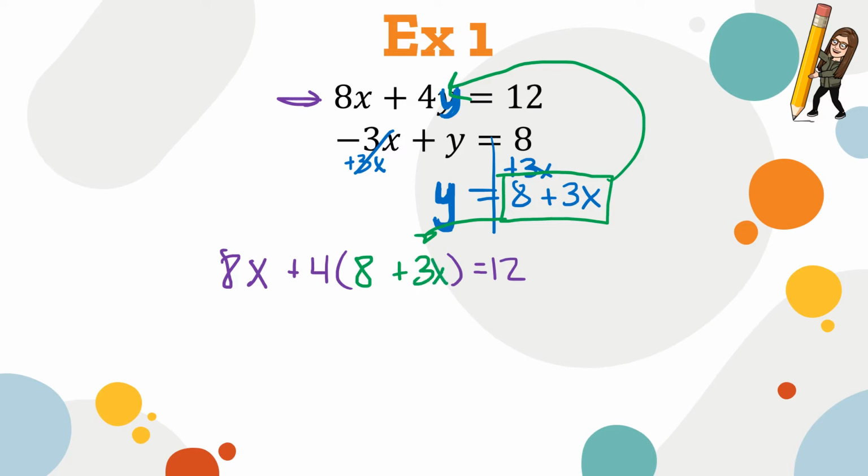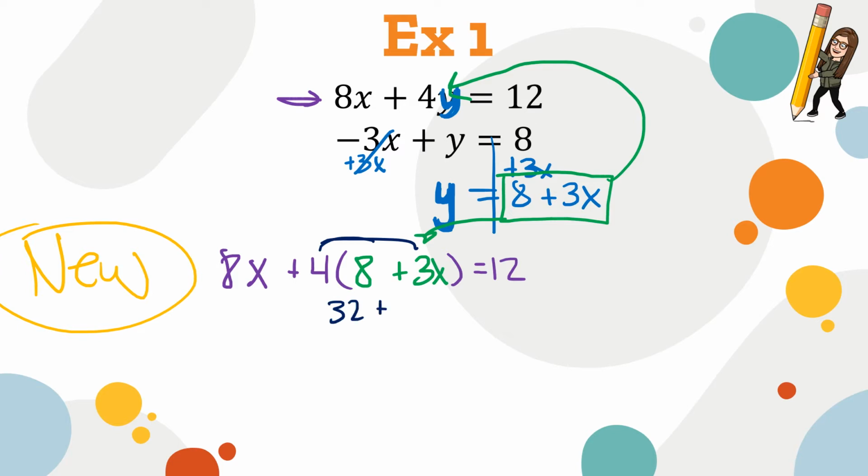All right, that right there is the new big step. That's it. Everything else we're doing is going to be review. So that one step is where you need to slow down and think about it, because from here, I'm just solving an equation. So I have parentheses. Let's distribute that. Bring everything else down. Remember how I drew a line when we solved equations?